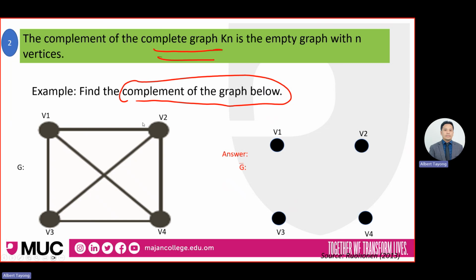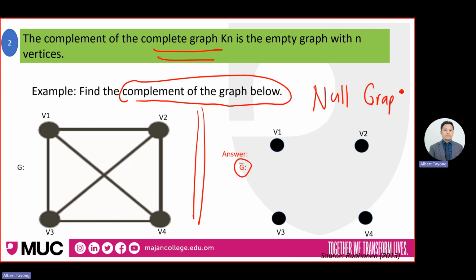V3 is connected to the rest, and V4 is connected to the rest of the nodes or the points. So our complement G bar will be a null graph. Of course, because the original here, you can see that all the points are connected to each other. The opposite of that is all the points are isolated. They are not connected to each other.